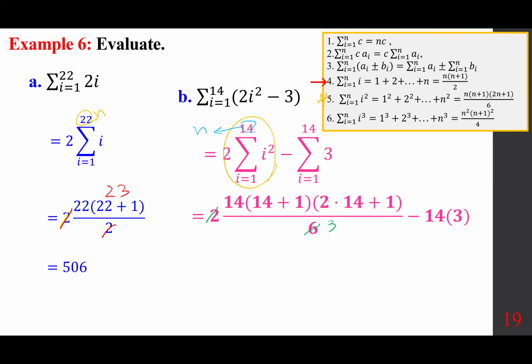These two cancel each other, and we get 14 times 15 times 29 divided by 3. This is 5. 14 times 5 times 29 minus 42 results in 1988.